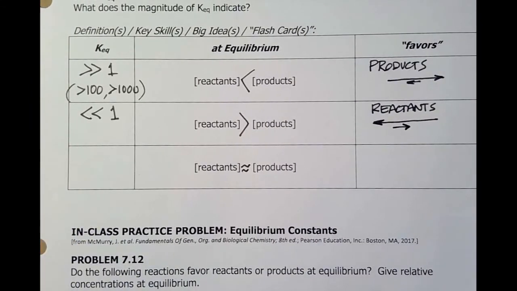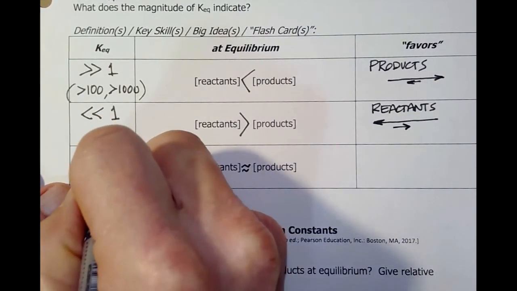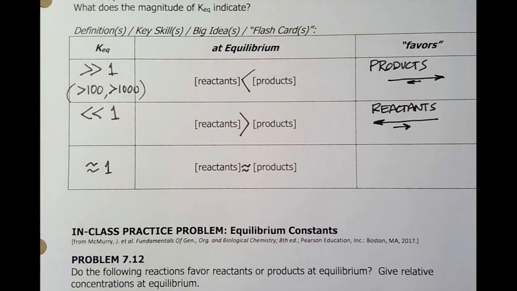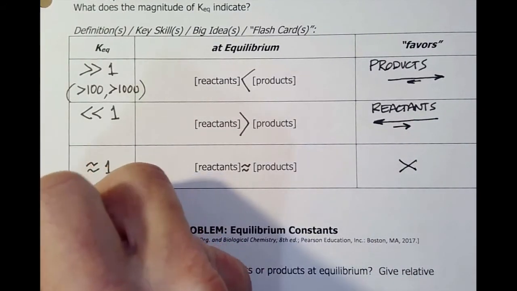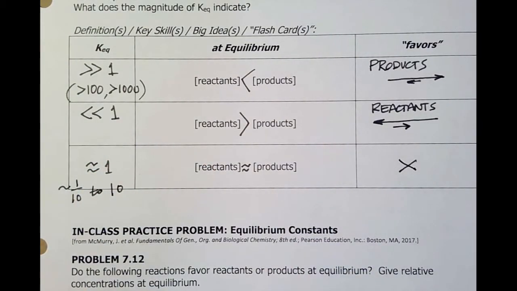If the reactant and product concentrations are about the same, we say K is around 1, meaning around 0.1 to 10. I know that sounds funny to non-science folks, but somewhere in that 1/10 to 10 range, this is around a draw. And so we say it doesn't really favor anything. That's when they're about equal.